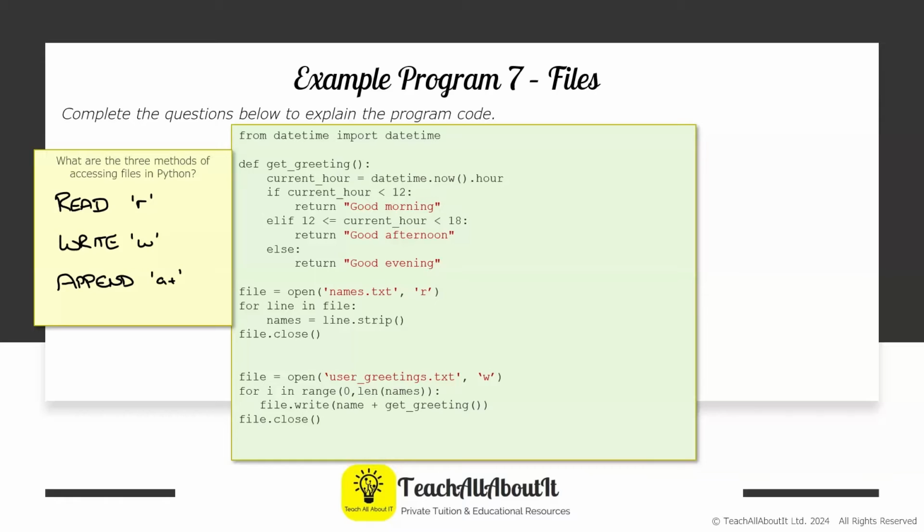So here I have opened names.txt in read mode. I am then using a for loop. Now, the reason I can use a for loop for a file is because the computer can count how many lines there are in the file. This looks very different in pseudocode.